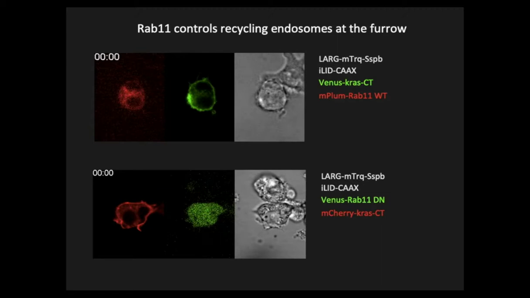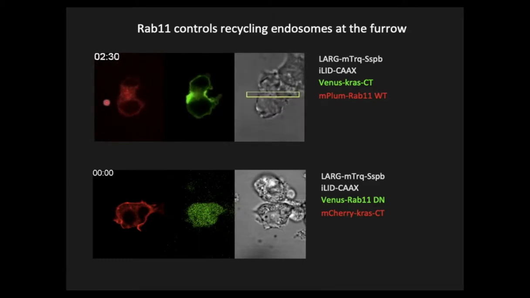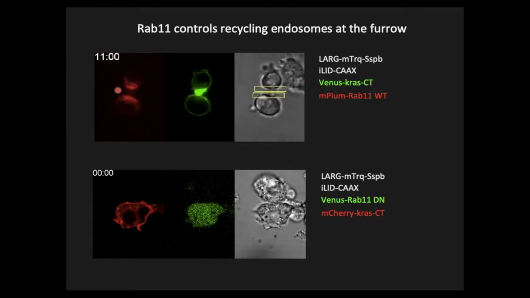Then they are in charge of the sorting in endosomes. In the first movie, RAB11 is in red, the membrane marker is in green, and as you will see, after furrow formation, RAB11 localized in the back of the daughter cell.